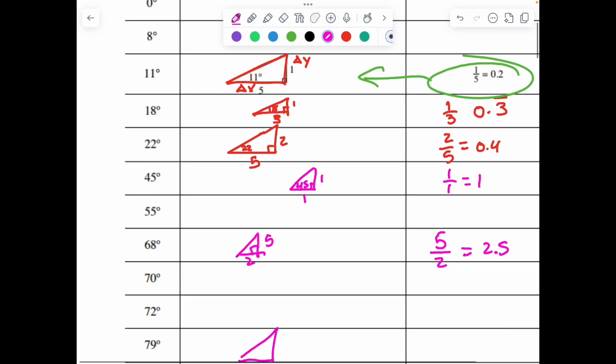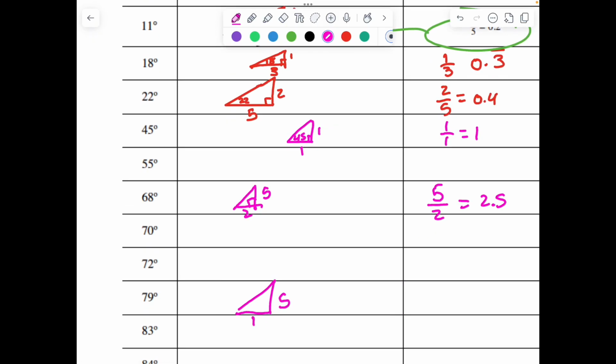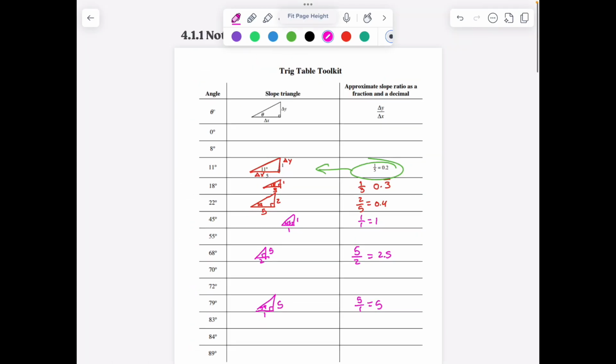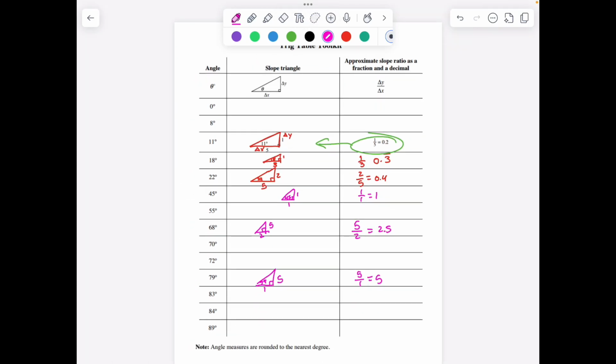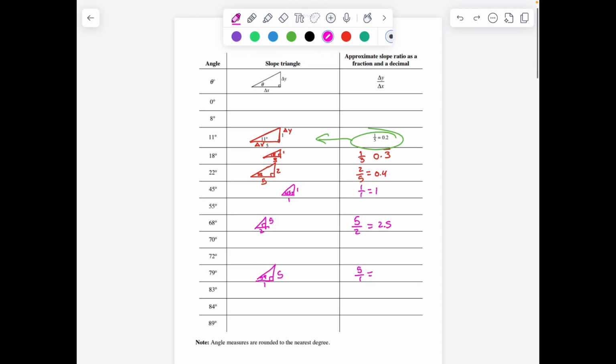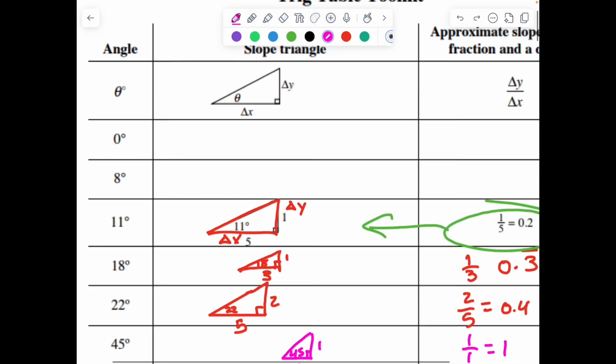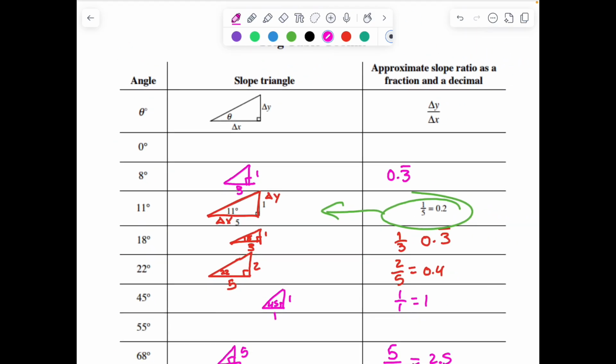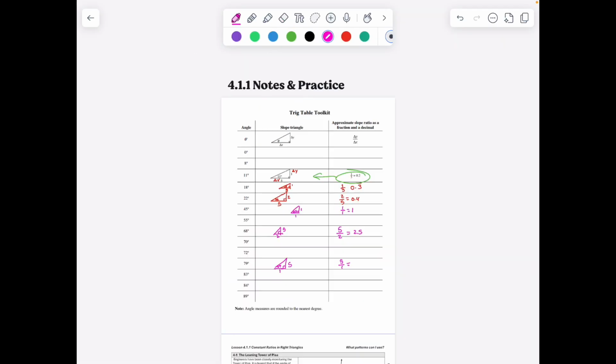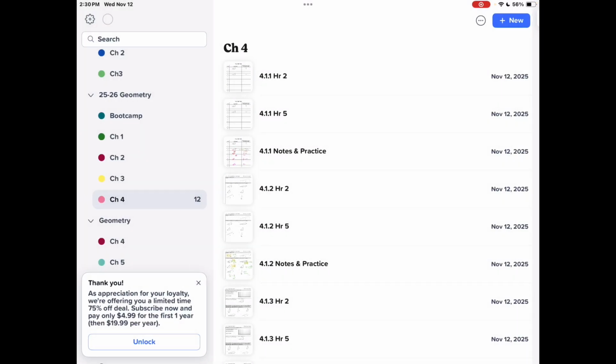So if 11 is 1 and 5, 79 is 5 and 1. And we will keep filling out this toolkit as we go. Oh, and I think we did 8 as well. That was 1 over 3, which is 0.3 repeating. No, that was 18. I'm sorry. We don't know 8 yet. All right.